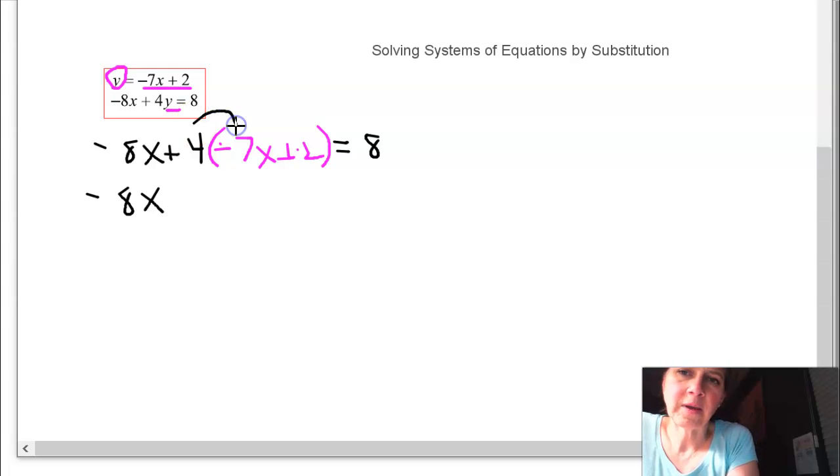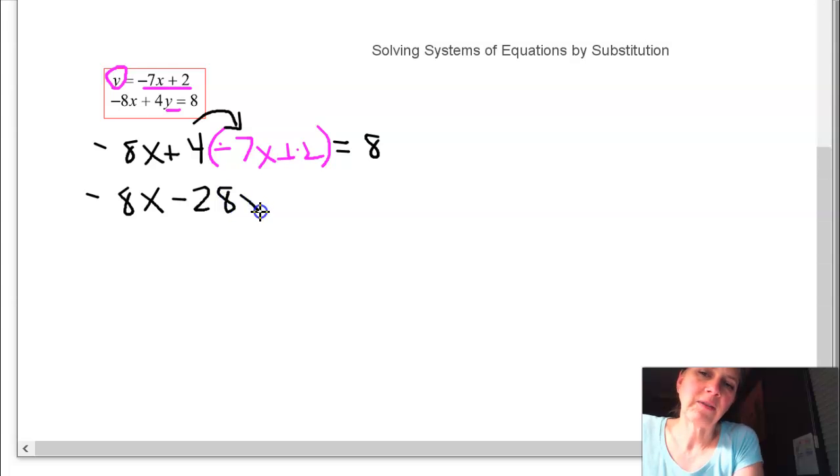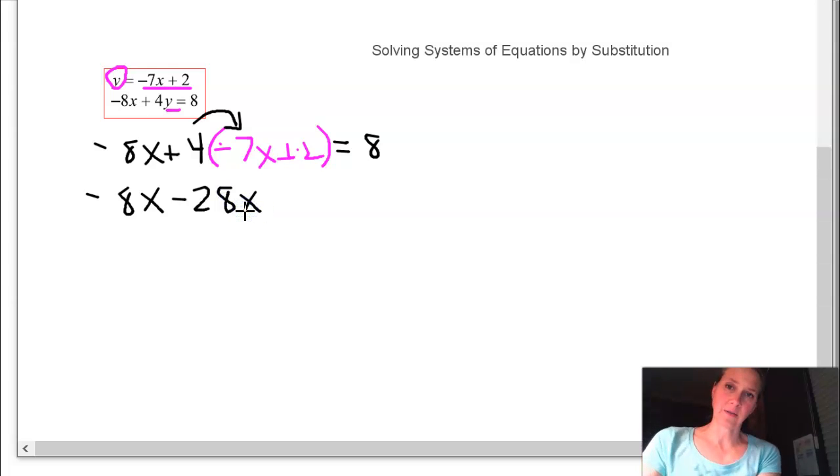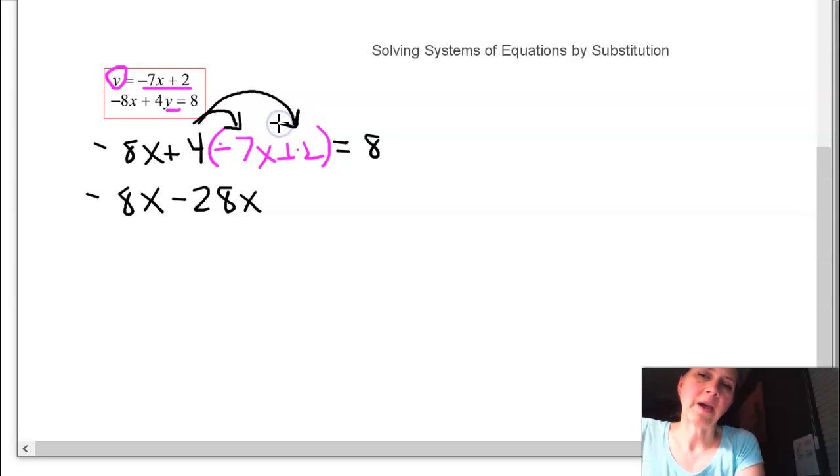Remember, I distribute by going here, so I'm going to do that one first. 4 times negative 7x. 4 times negative 7 is going to give me a negative 28, but I can't leave out the x, so 4 times negative 7x is negative 28x. Now I'm going to do my other part of the distribution. 4 times 2 is a positive 8, and that equals 8.